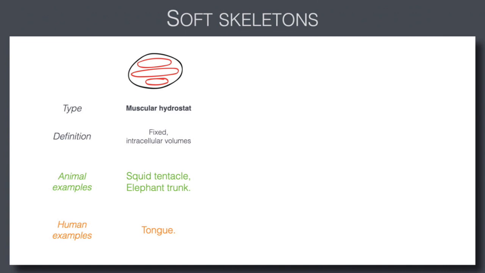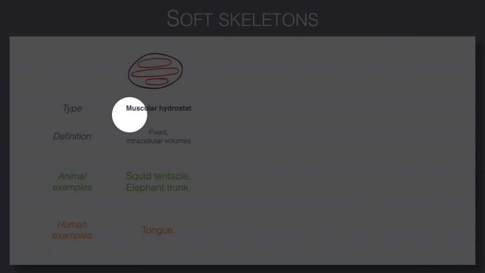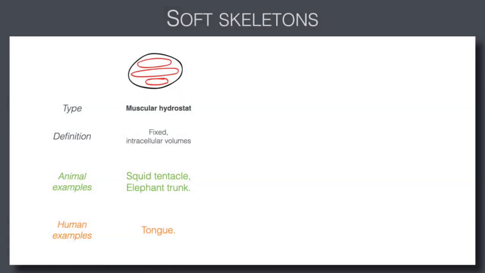So the tentacles of an octopus arm and our own tongue are an example of what we call a muscular hydrostat. That's essentially a whole bunch of muscle tissue just packed together in different layers. And those little packages of cells are all fixed in their volume, they're filled with fluid, and they all exert forces on one another, and they can move by virtue of those mechanical interactions.